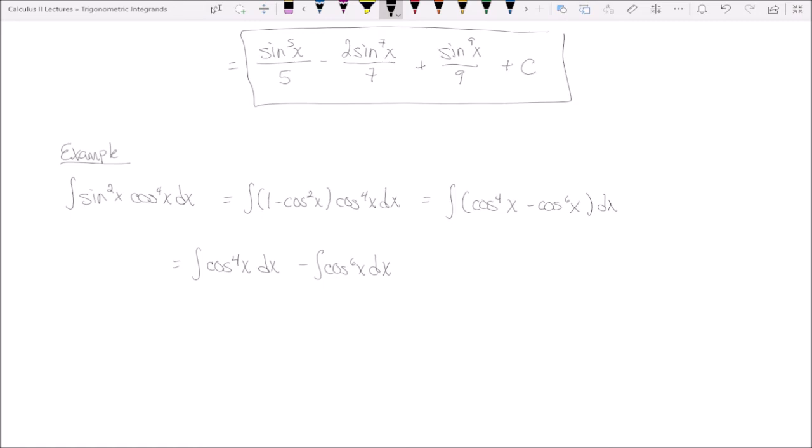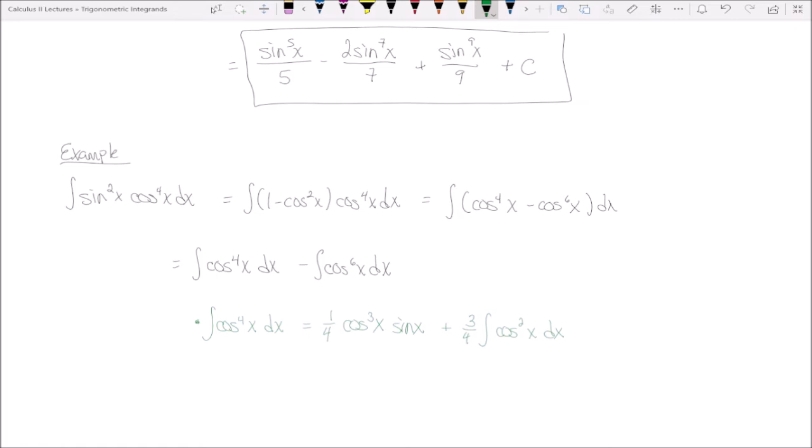So let's go ahead and start with cosine to the fourth. Here we're going to use the cosine reduction formula. We'll have 1/4 cosine cubed x times sine of x plus 3/4 the antiderivative of cosine squared x dx.